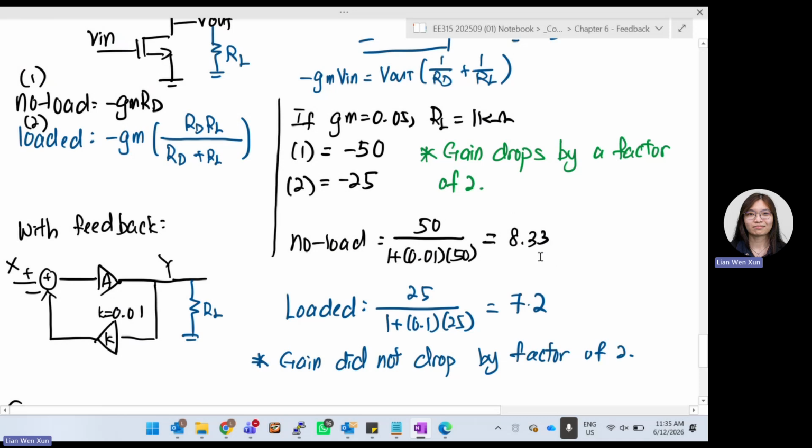If loaded condition, remember my A changed to negative 25, but overall, my gain drops to probably 8.13 or so. So it is very, very little. It did not drop by a factor of 2, compared to the first case that doesn't have any feedback.